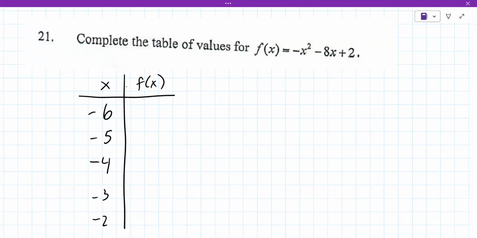Yeah. 4 plus 16. So negative 2 would be 22. Okay. Which means negative 6 would be 22.